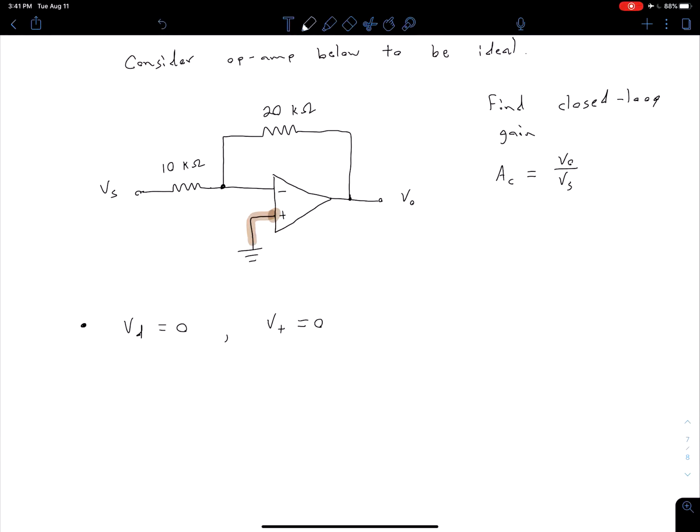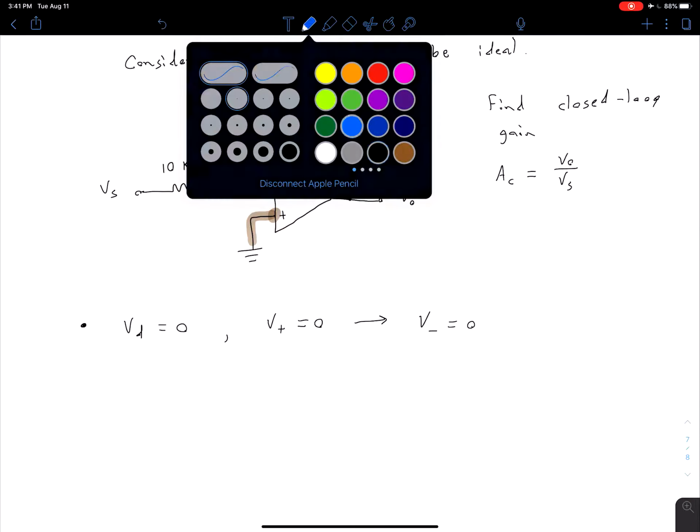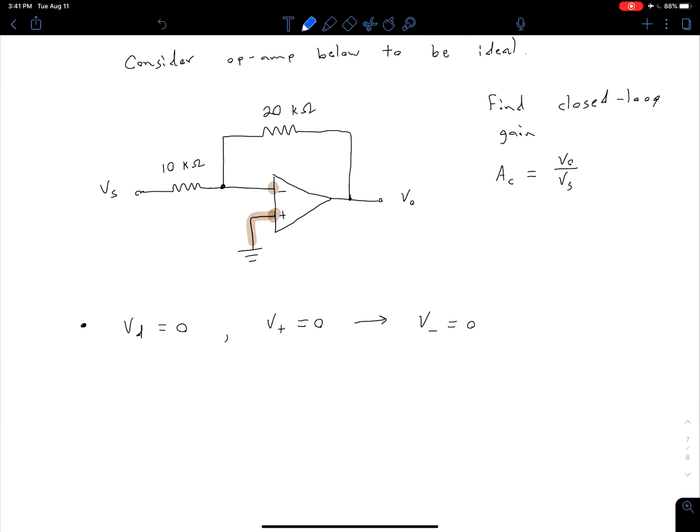So we found that our non-inverting terminal is at ground, and if the difference between the two terminals has to be 0, then of course what that means is our inverting terminal is also at 0. So we can say that this terminal up here is also at 0 potential, or we could just come over here and we could say this point right here has 0 potential, V equals 0.